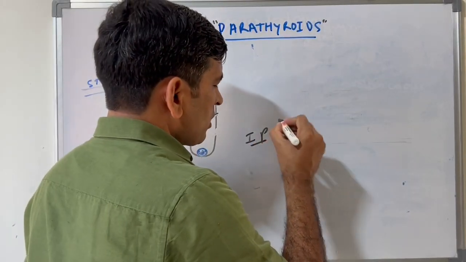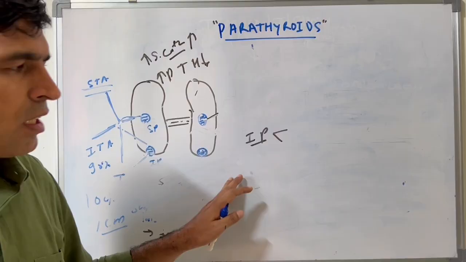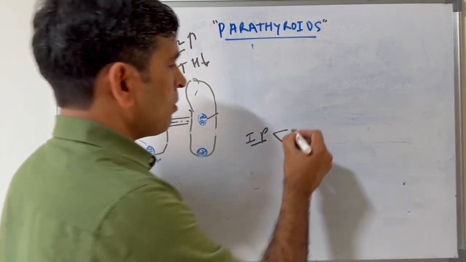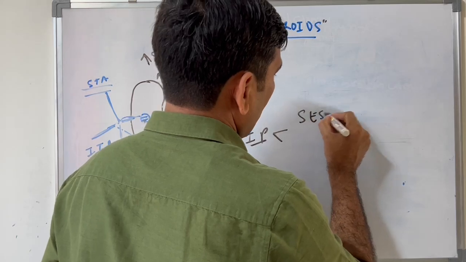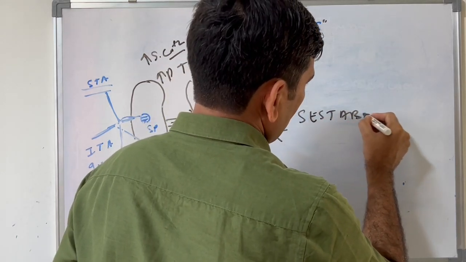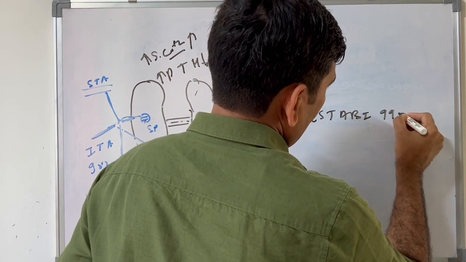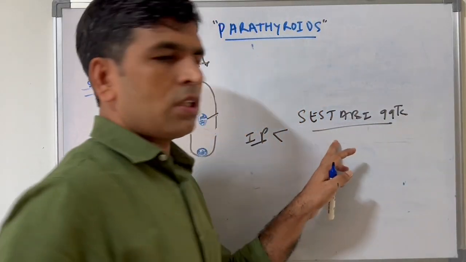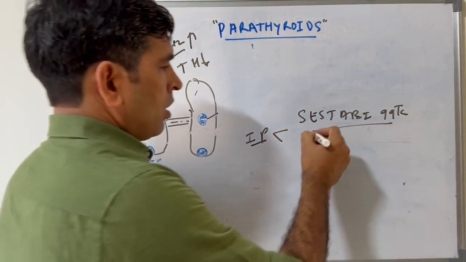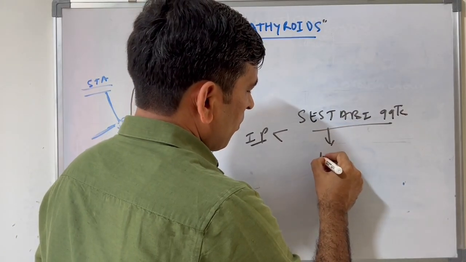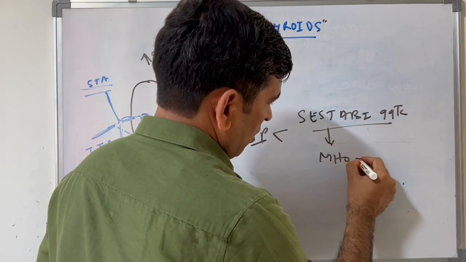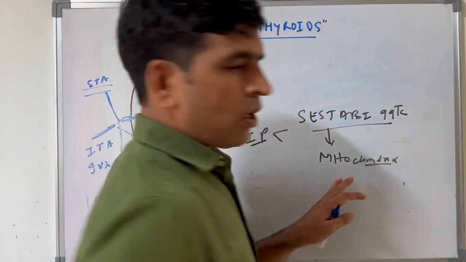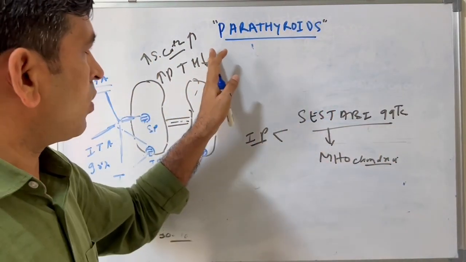The best methods are ultrasound, CT scan or sestamibi scan. Better is the sestamibi scan, the technetium-99 scan. They can identify because this sestamibi goes into the mitochondria, and the parathyroid has a higher concentration of mitochondria.